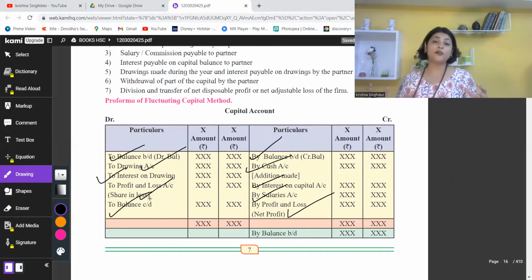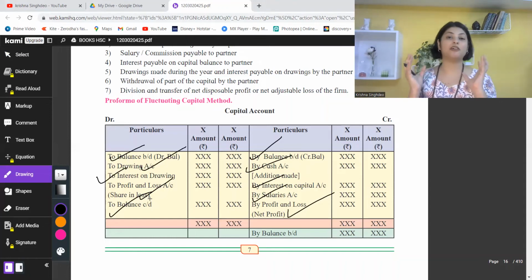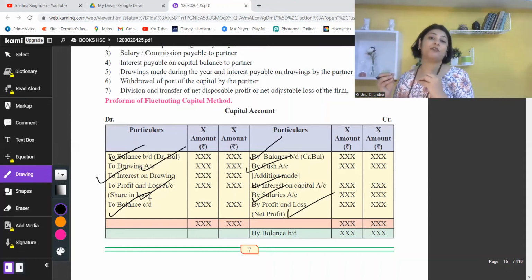and at the end, the balance sheet is going to come. So what do we see over here? Whatever we had written on the credit side of the capital account, all that is being written over here. Whatever we had written in the current account, at the time of maintaining accounts by the fixed capital method, has also come over here. So it is a mixture of both, the debit of the current account and the debit of the capital account.